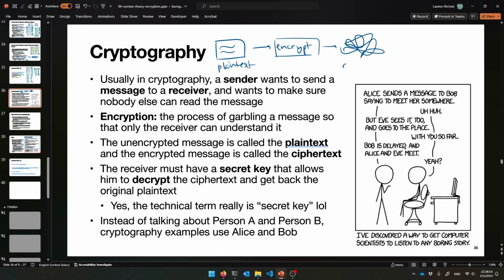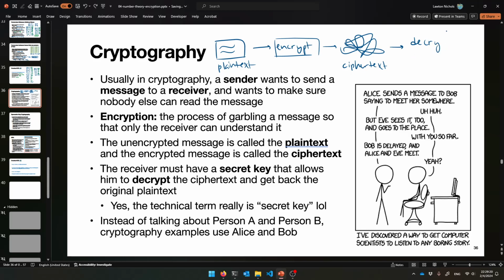Nobody can understand it, except for the receiver. And then the receiver is able to decrypt it. The receiver is going to have some sort of secret key thing that allows them to decrypt the ciphertext and get back the original plain text, so they can read it at their leisure. So this goes through a decryption process.